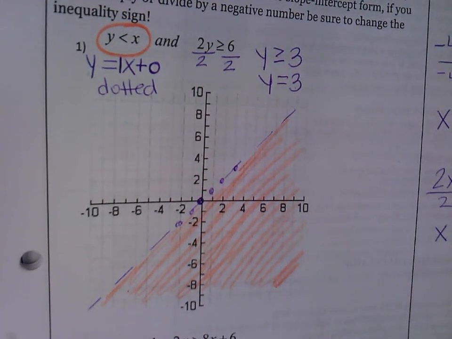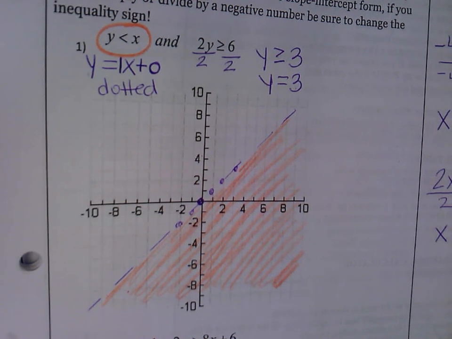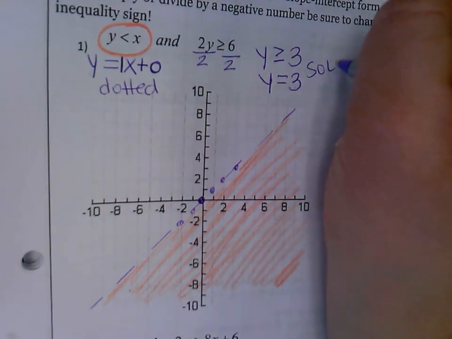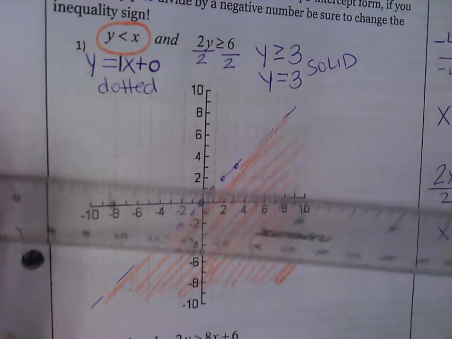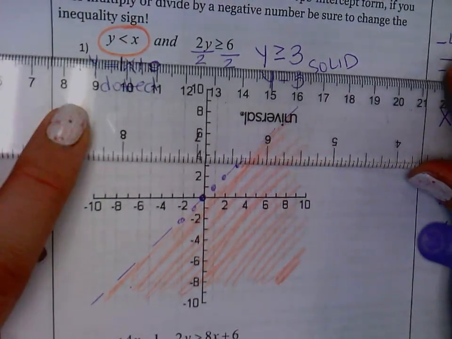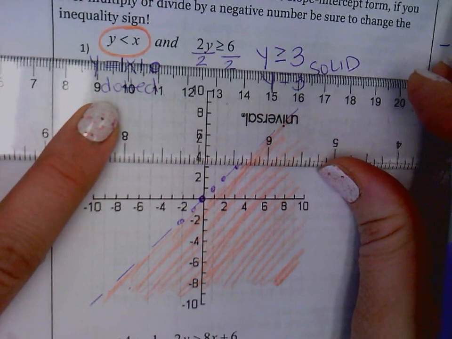What kind of special line is that? It should be horizontal. When it's a y equals line, it's horizontal. I'm going to do a solid line because it's greater than or equal to. So I'm going to do a solid horizontal line at y equals 3. Kind of like that.